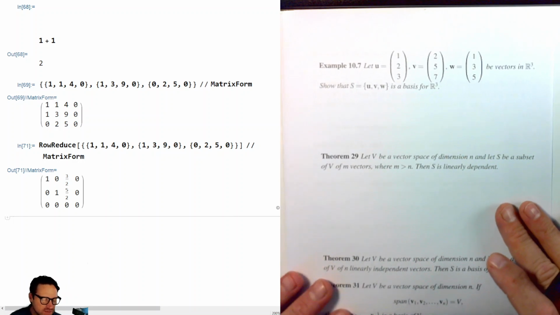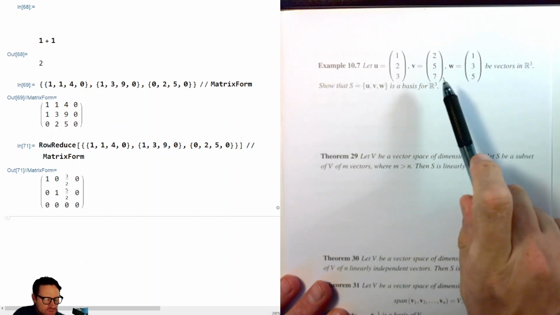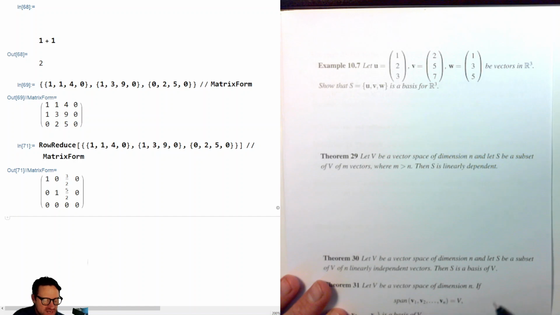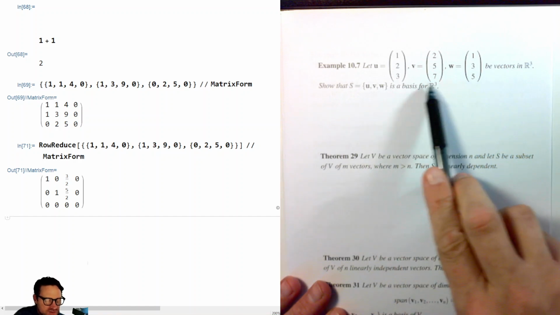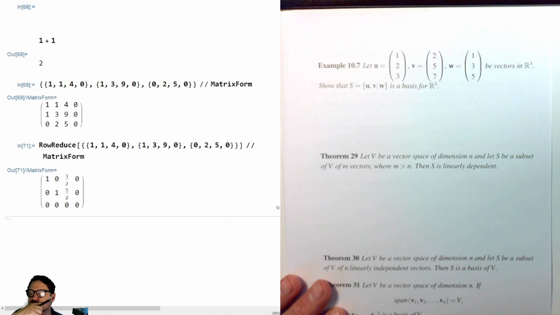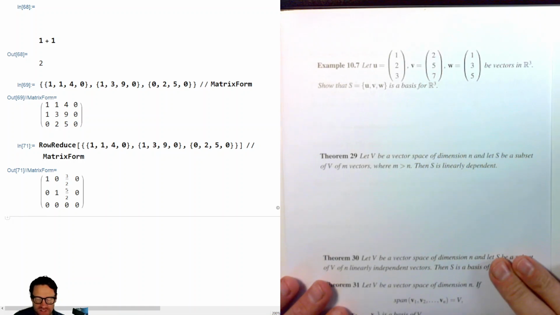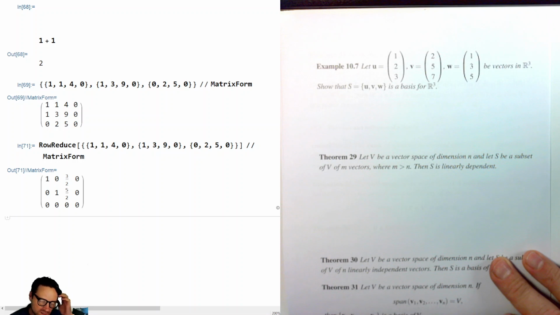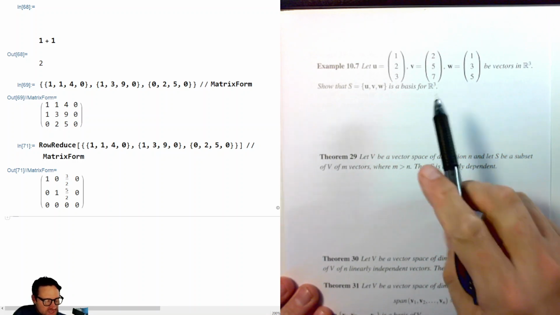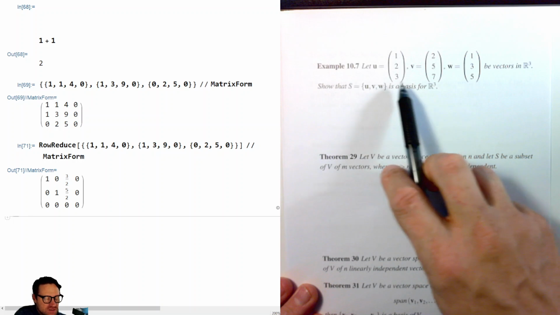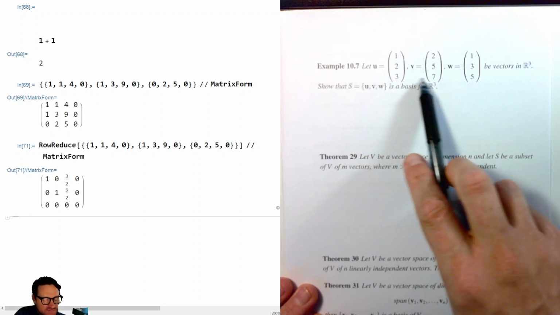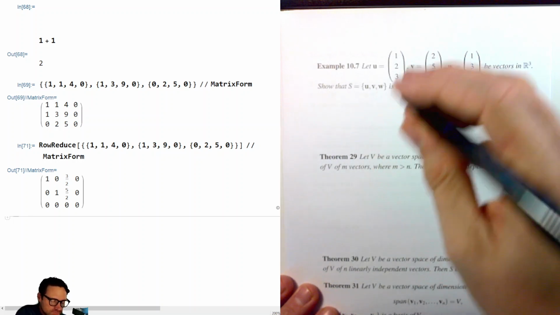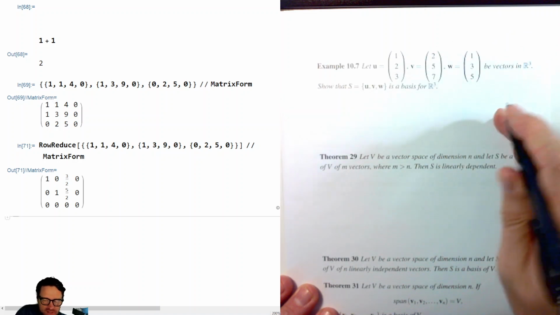Example 10.7. Suppose we have u, v, and w in 3-space. Show that these 3 vectors form a basis for 3-space. Okay, so we want to show that they are linearly independent, and I can obtain all elements of 3-space as a linear combination, or a unique linear combination, of u, v, and w. So we set up an equation.